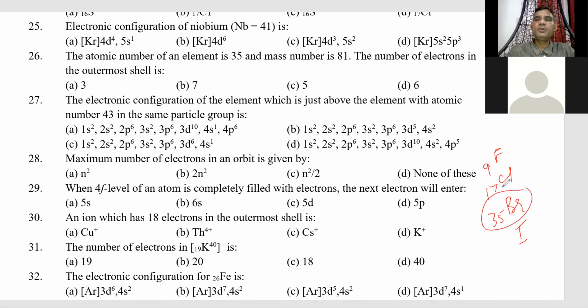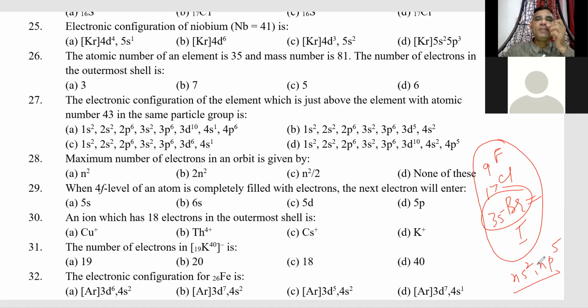So they are talking about bromine. Fluorine, chlorine, bromine, and iodine are all in the 7A group. So in the valence shell, how many electrons will be there? 7, because 7 valence electrons are there in the last shell.